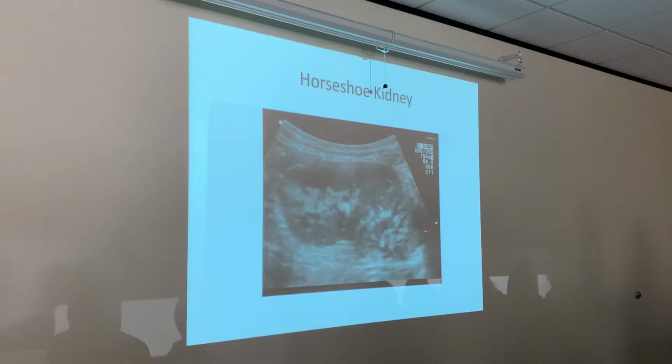If you can't see the inferior pole... I could do this because I do see an inferior pole. Okay? But do I really see all of the inferior pole? No. You've got to see the whole thing, the whole capsule, to call it a normal kidney. If you don't see the whole capsule, go and look for a horseshoe.